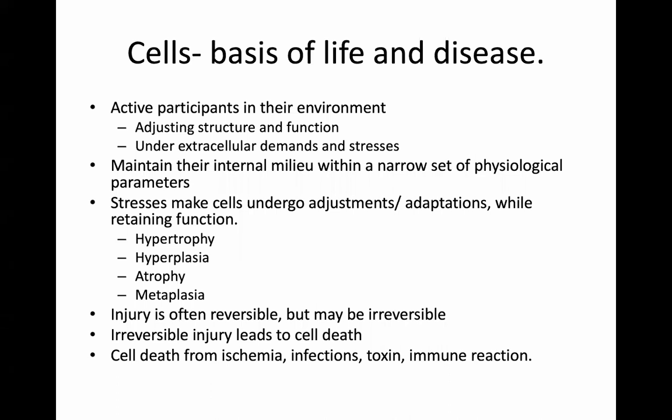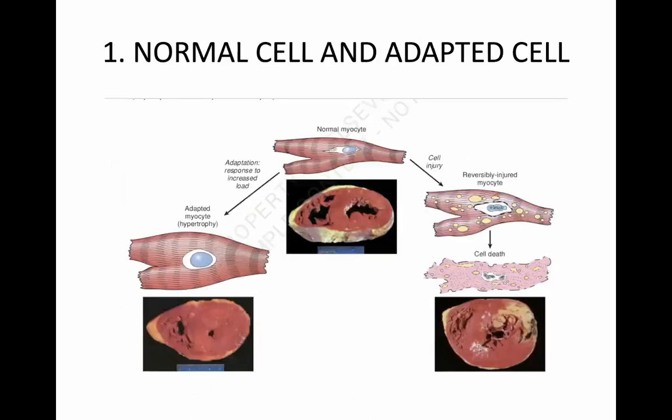So in this part of the session, we're going to be looking at the relationships between what is normal, what is adapted, reversible and irreversible injury, and we're going to be talking some more.